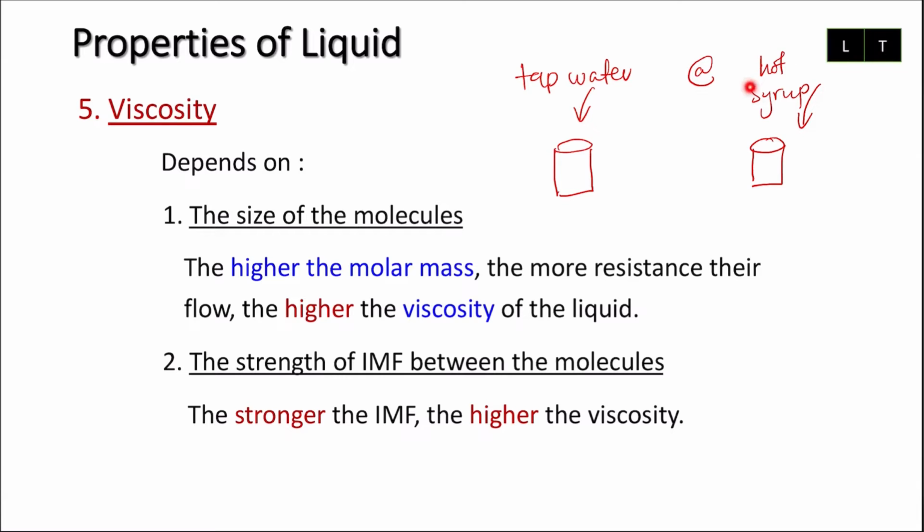So hot syrup ni apabila kita nak tuang, dia macam madu lah. Madu kan dia macam likat. So bila likat, kita nak tuang dia akan ambil masa untuk turun masuk dalam container. So itulah yang dimaksudkan dengan viscosity. So apa yang saya boleh conclude daripada analogi saya, hot syrup has higher viscosity compared to tap water.